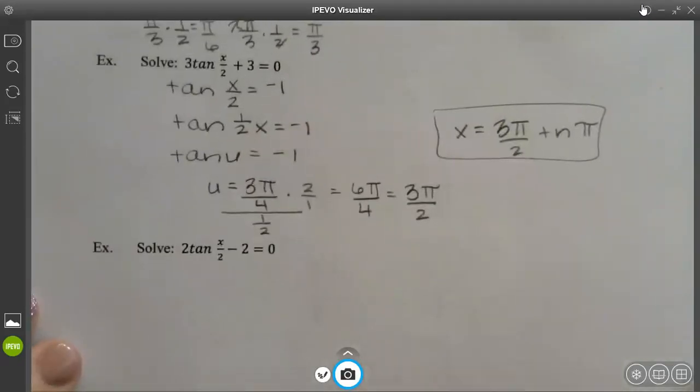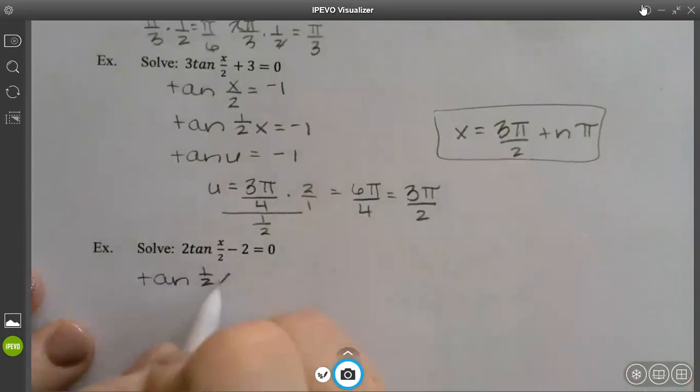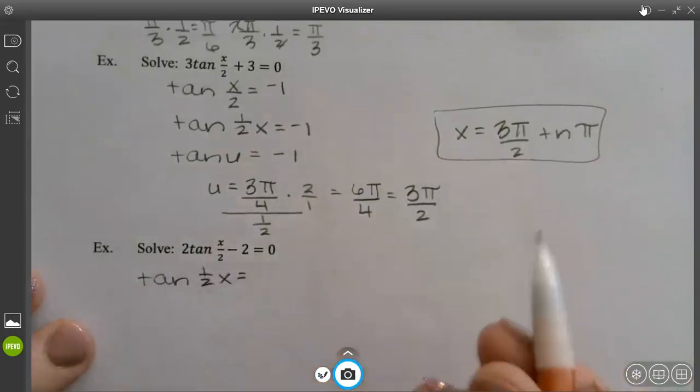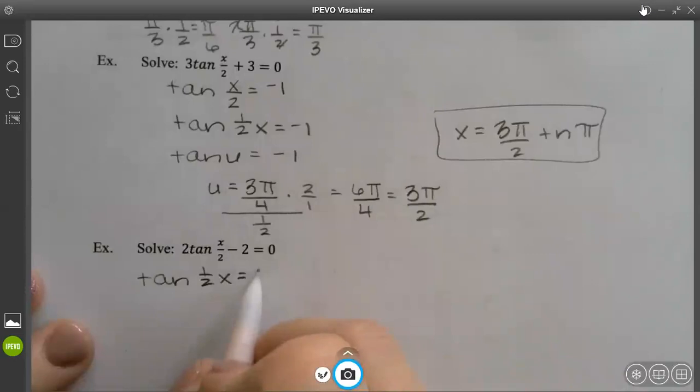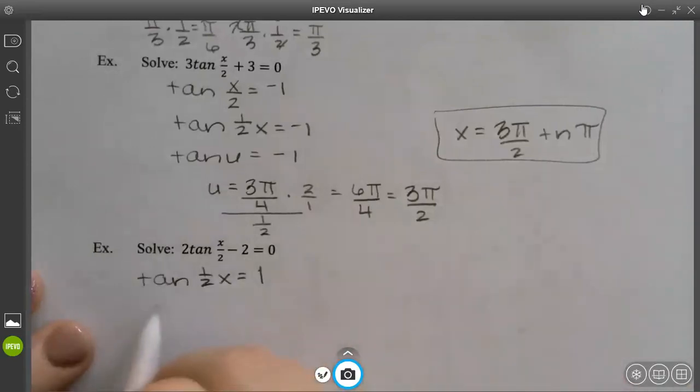How do I do this one? All right, so I get tan of 1/2 x equals, I add 2, divide by 2, I get 1. Where is that value?